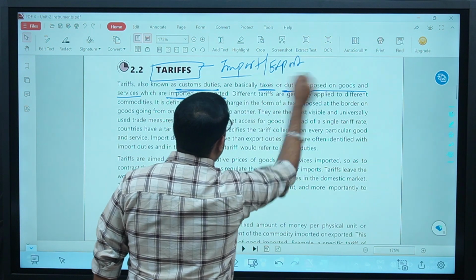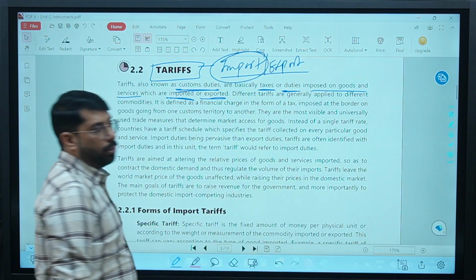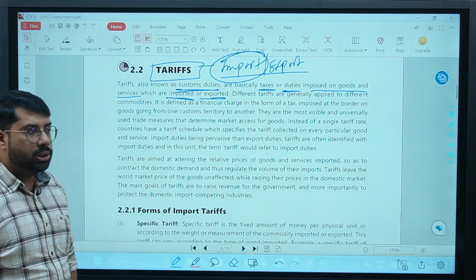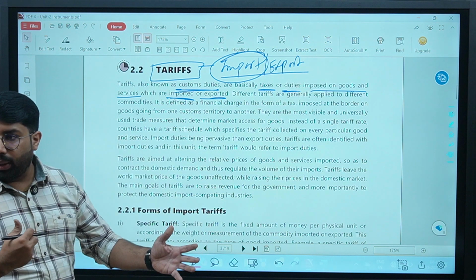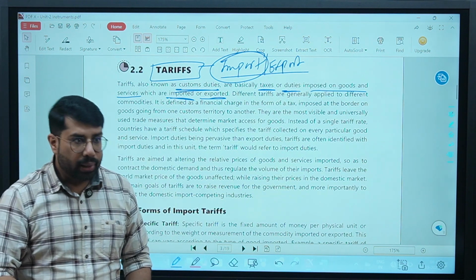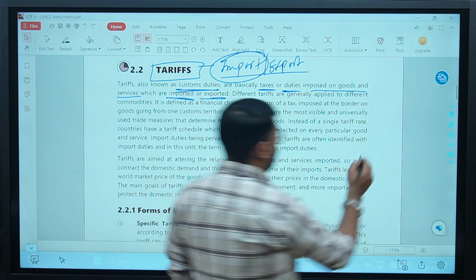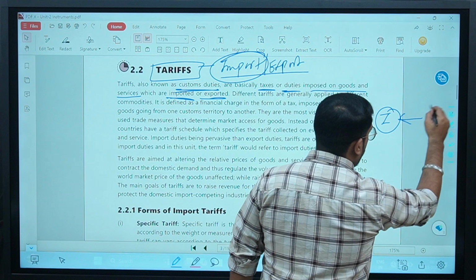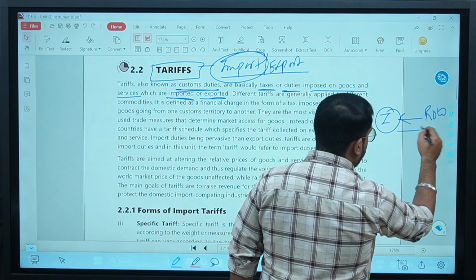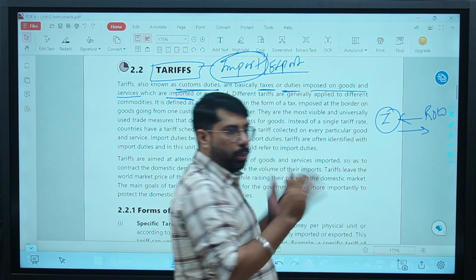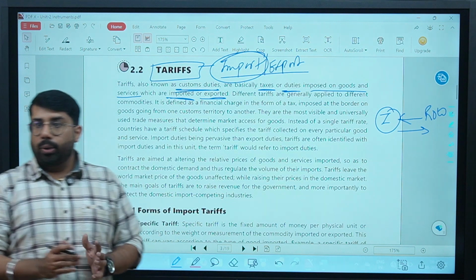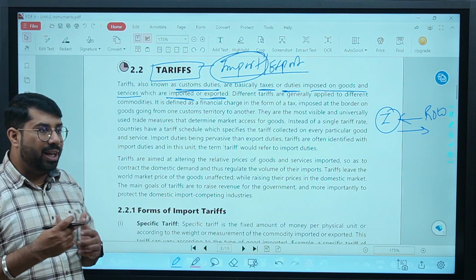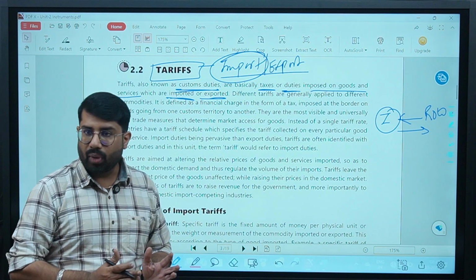But majority of the times we see that they are working on import. I hope everybody understands what is import, right? What is import? Buying. And what is export? Selling. Right? Who is buying? Who is selling? For our example, India is buying from the rest of the world and India is selling to the rest of the world. So we are not talking about India trading with one country only. We're talking about India trading with the rest of the world. Are we clear with this thing?